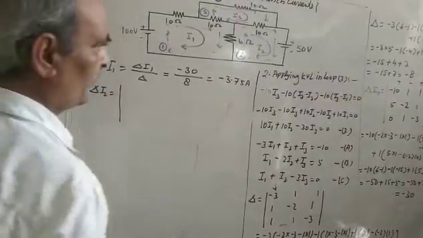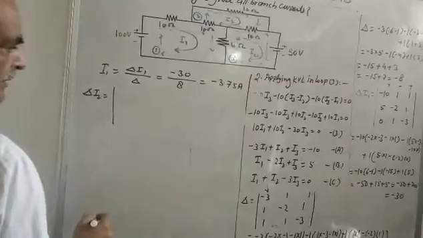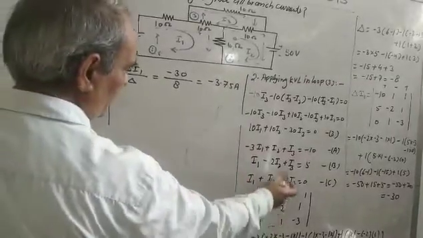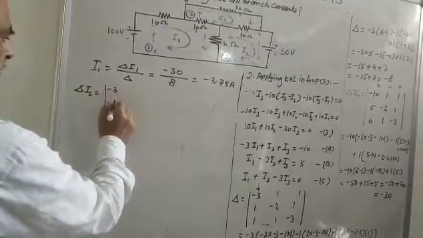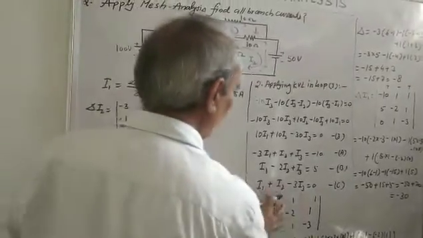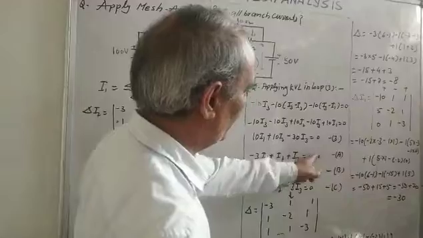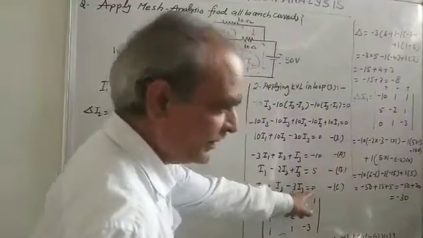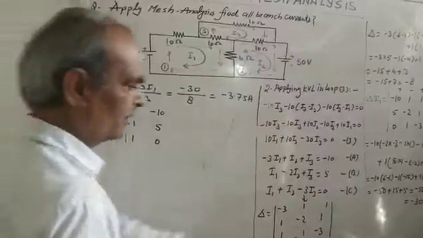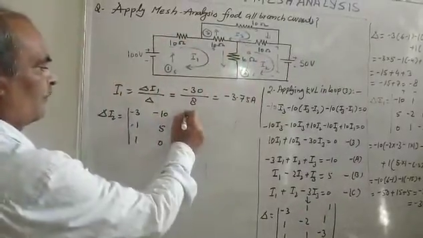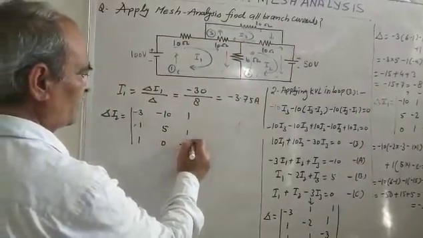Delta I2 is equal to first column of delta as it is, second column replaced by right hand side value -10 5 and 0, and third column as it is 1 1 -3.